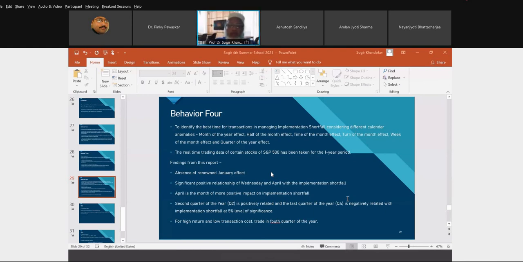In the second quarter, there is a positive relationship between implementation cost and the second quarter. And if we consider the fourth quarter, there is a negative relationship between the fourth quarter and implementation shortfall. That means if we transact in the fourth quarter, that is the end of the year, then our implementation shortfall will be less.